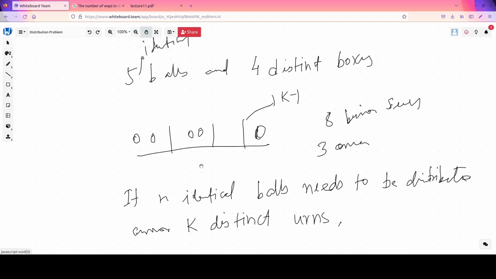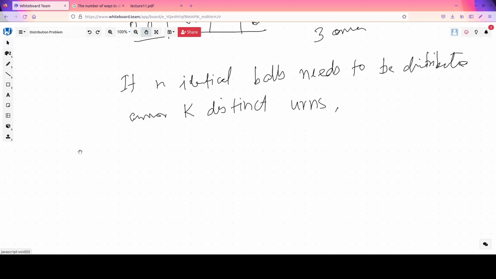So it is nothing but n plus k minus 1, because n is the number of zeros and k minus 1 is the number of ones, and similarly we have to select the k minus 1 ones from there. So it is just the combination of it. Since the balls are identical here, there is no need of arrangement. So this is the formula for finding the ways if n identical balls need to be distributed among k distinct urns, then the final conclusion is this, right?